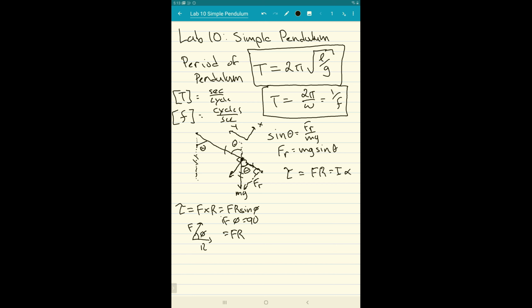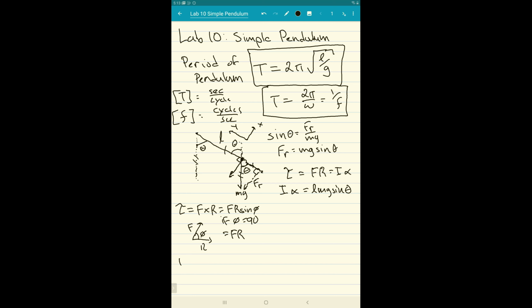If you ever have the force not exactly perpendicular to your radius... in this case, the radius is actually the pendulum length, which is L. So we're actually going to represent this as I alpha equals the force times radius. Radius is L, so it's going to be L times mg sine theta. Now, the rotational inertia, that's what I is.